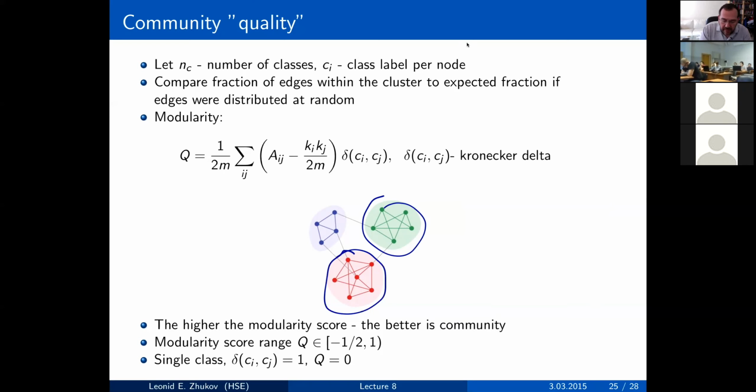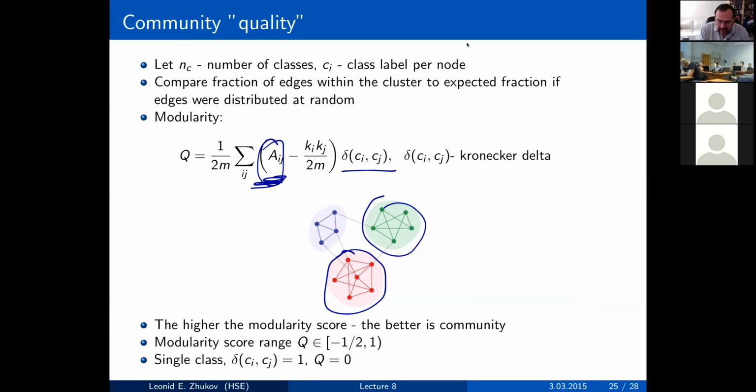Look, delta c_i c_j is a Kronecker delta, and it means if the classes of node i and node j coincide, it's 1. And if they don't coincide, if they're different, it is 0. So what this piece of the sum does is really just add up all the edges that exist in the graph, and A_ij means the edge exists in the graph.